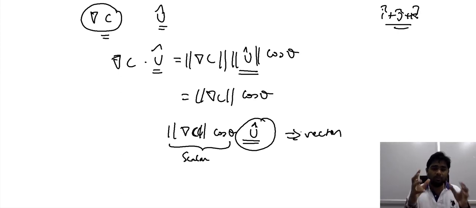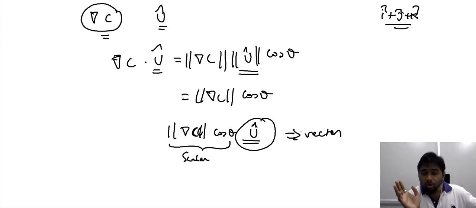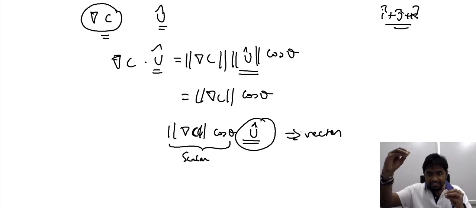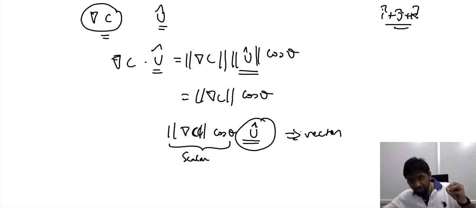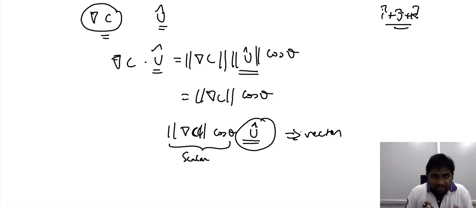So what essentially now I have done is, I have introduced a unit vector, and I have found out what is the magnitude of the gradient C acting along the unit vector direction. Now if I replace this with the gradient C, what do we have?